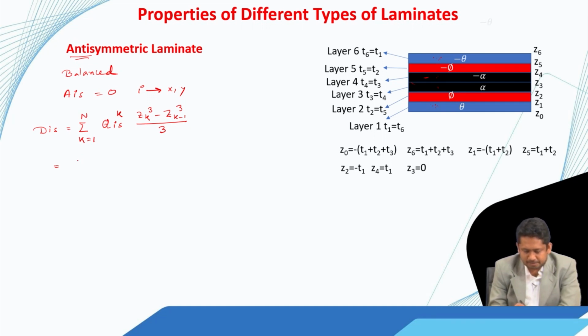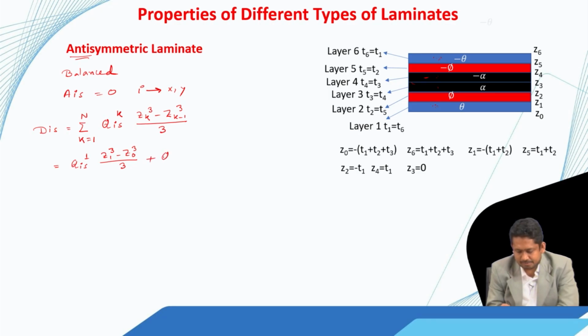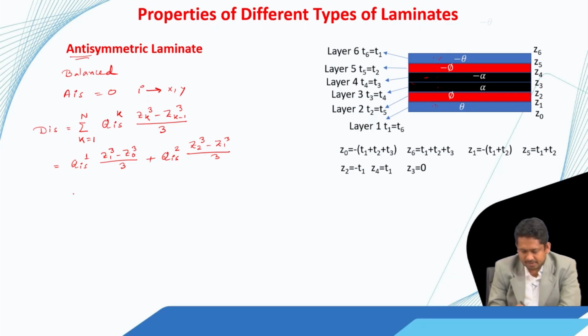Then if I expand that, we have Q̄IS of the first layer multiplied by Z1 cube minus Z0 cube by 3, plus Q̄IS of the second layer multiplied by Z2 cube minus Z1 cube by 3.